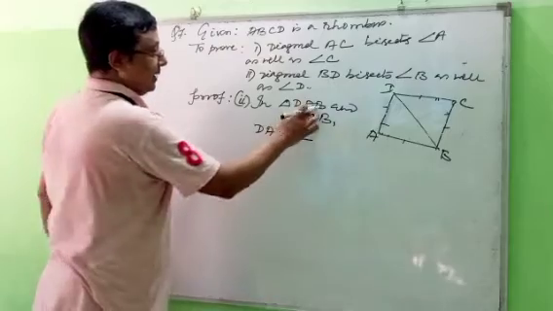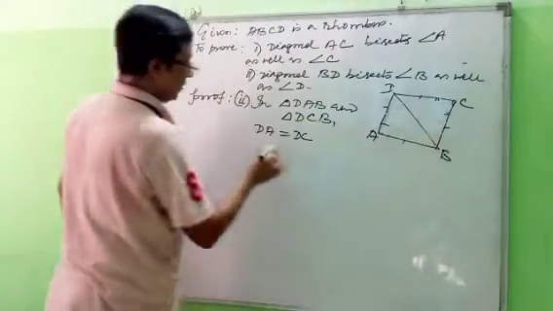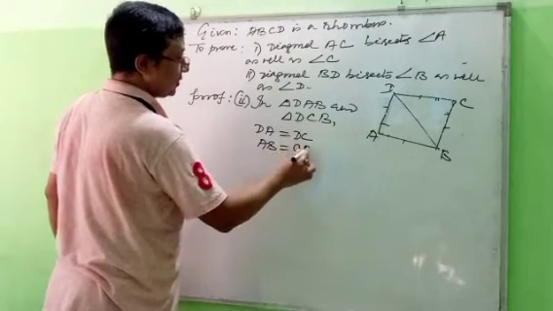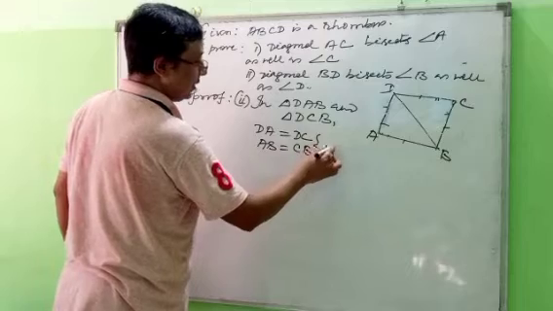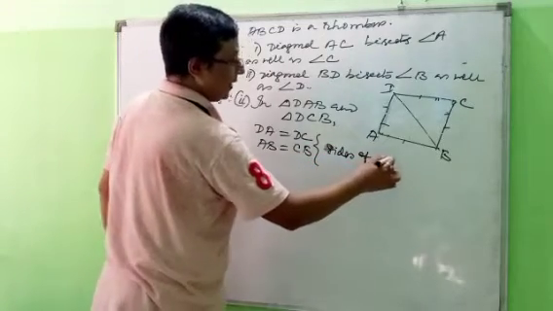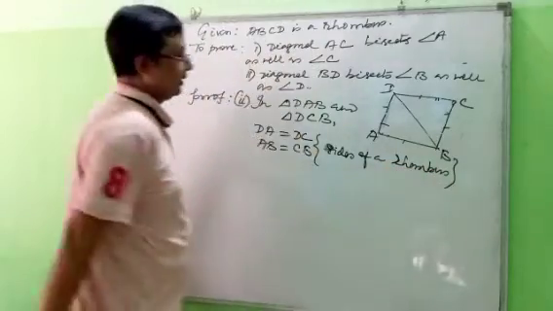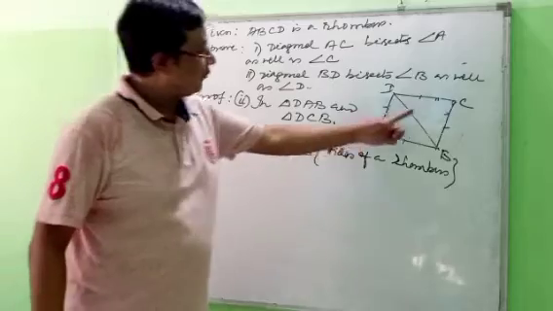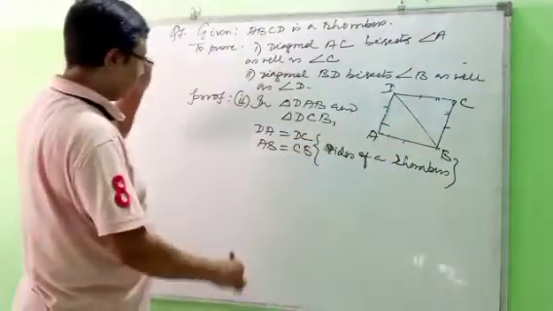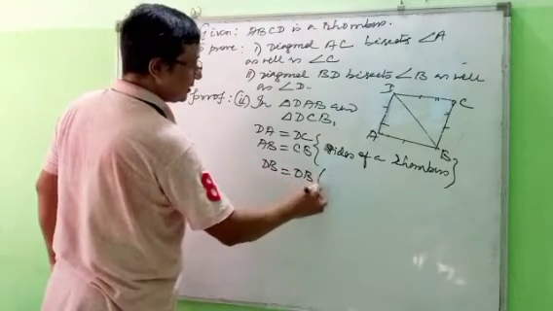Then AB equals CB, for the same reason, the sides of a rhombus are equal. Now for both the triangles, you have the common side DB. So DB equals DB is the common side.